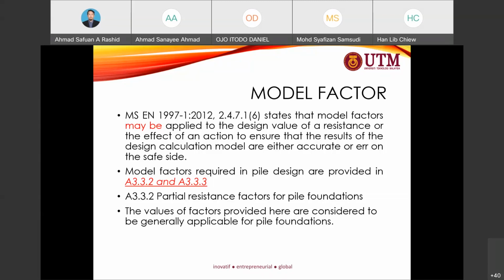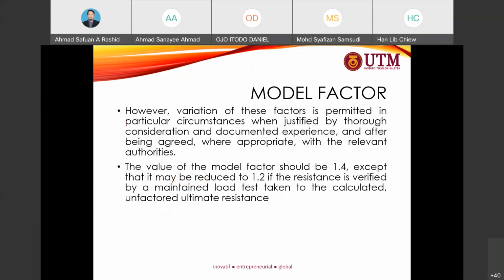The model factor required in the pile design is provided in section 7.3.3.2. Normally the value for the model factor is from 1.2 to 1.4.